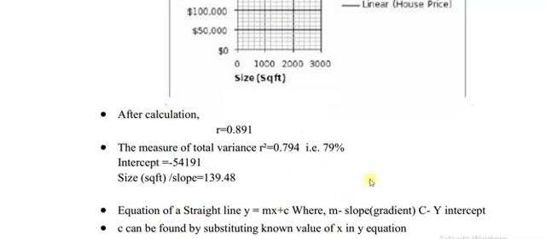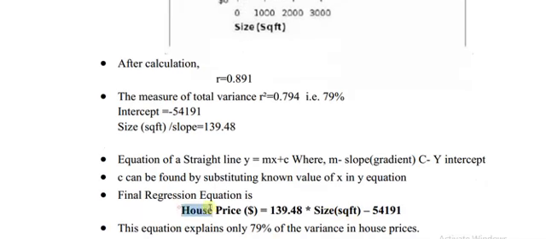We know the straight line equation y equals mx plus c, where m is the slope and c is the y-intercept. So the final regression equation is house price in dollars equals 139.48 times size minus 54,191. This equation explains only 79% of the variation in the house prices.